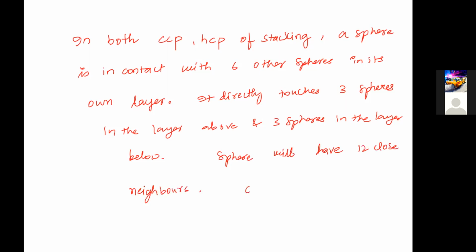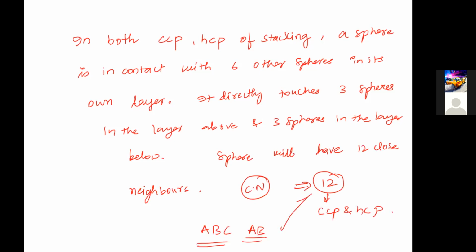So coordination number is only that one, the nearest neighbors, the ones which are attached. So coordination number is 12 for both CCP and HCP. I want you to write down. The one which is arranged as ABC, the one which is arranged as AB, both of them, the coordination number is 12.